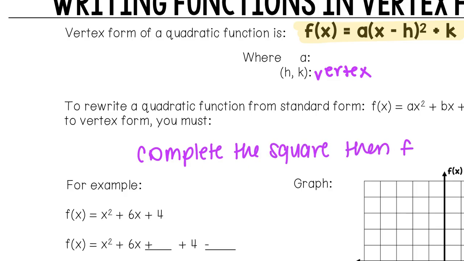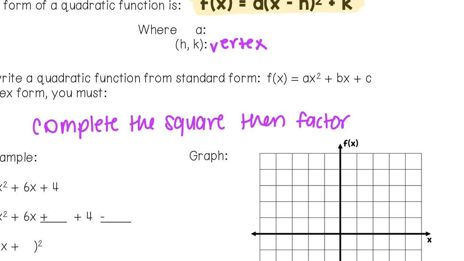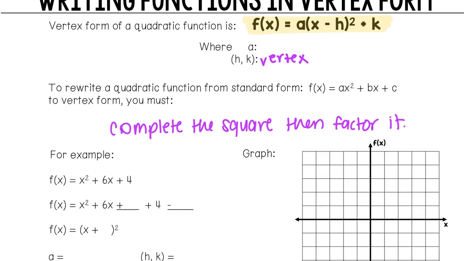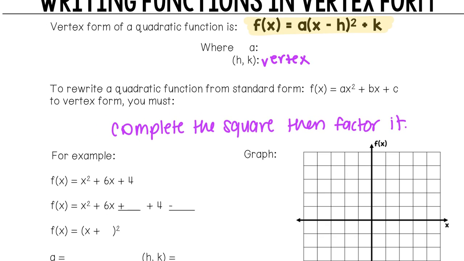Then factor it. That's the most important thing. Complete the square and then factor. Please pay attention to these. It's not hard. It's pretty basic math work, but I want to say it's fewer steps than before.